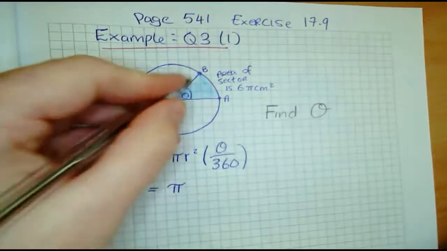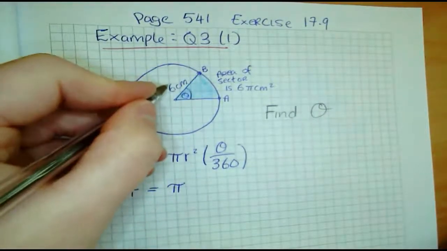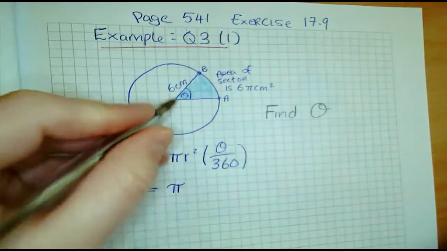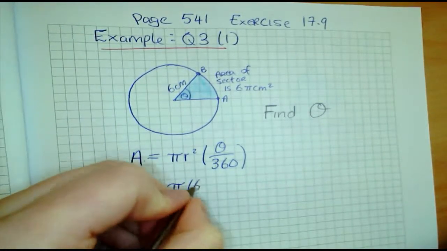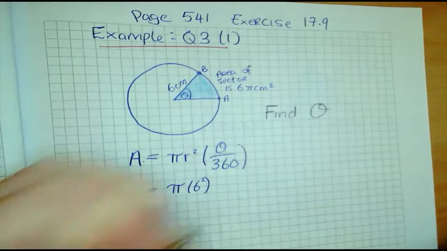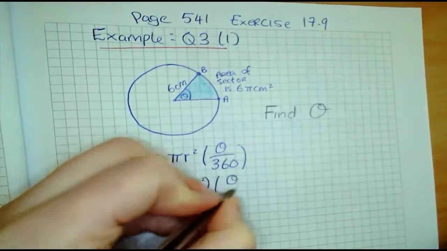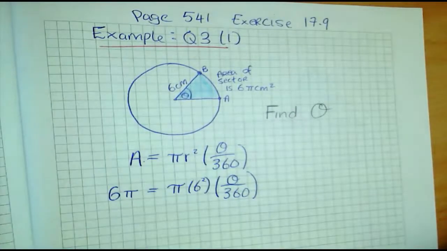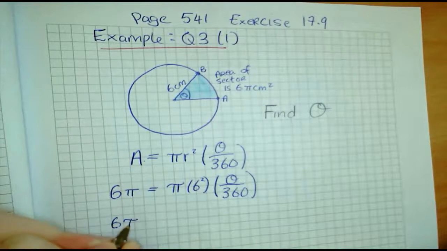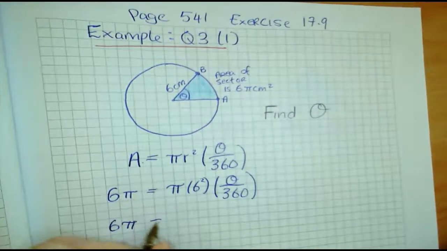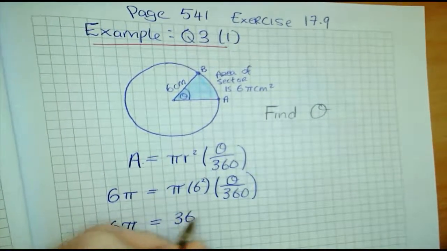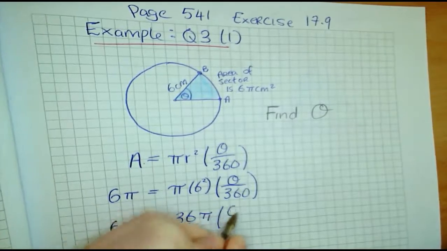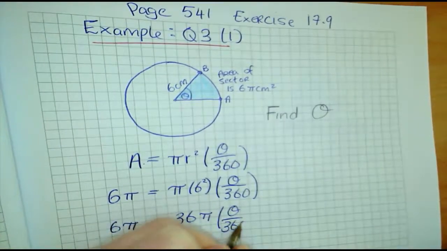So my r is 6, my radius is equal to 6. So instead of my r, I'm putting in 6 because that's my radius. It's to be squared over theta over 360. Okay, we don't know what theta is. That's what we're trying to find. So 6 pi then is equal to 6 squared is 36 pi by theta over 360.